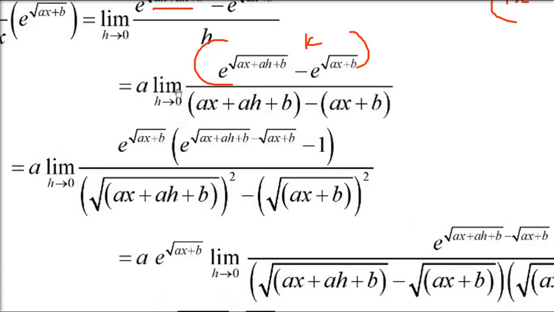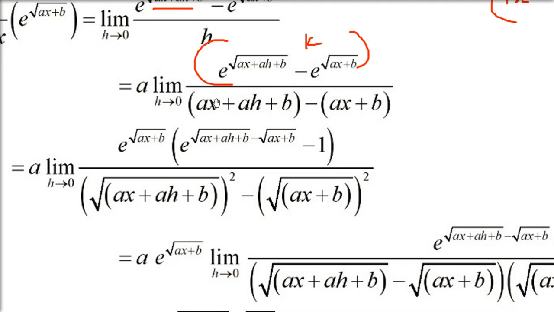Now we'll take e raised under root ax plus b common, similar to e under root 2x which we have just taken in the previous question. So what will there be? e under root ax plus b when we take outside, it will be e raised under root ax plus ah plus b minus under root ax plus b, and 1 will remain here, minus 1.